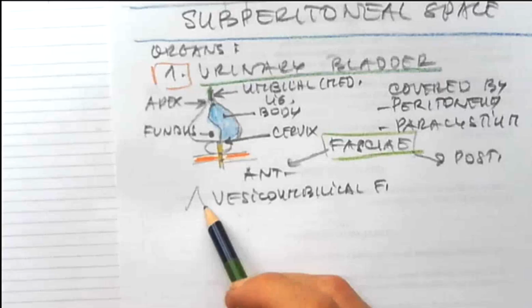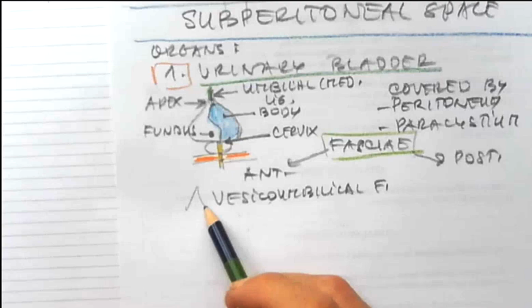Also in the male it is called, logically, rectovesical, right? So in the female that one is vesico-uterine, in the male rectovesical, and recto-uterine in the second one.